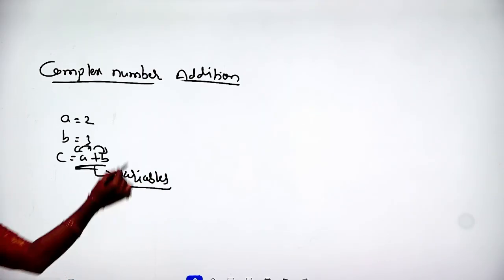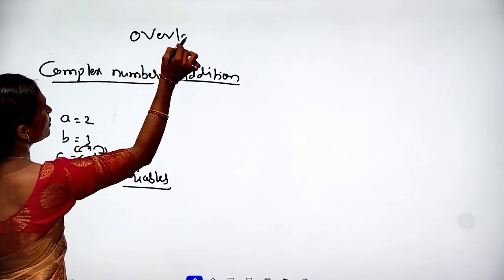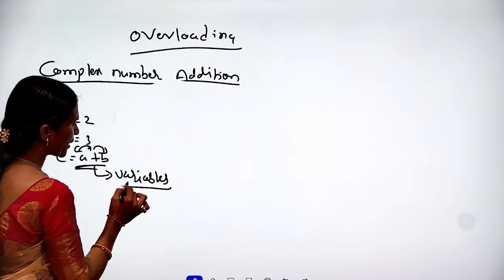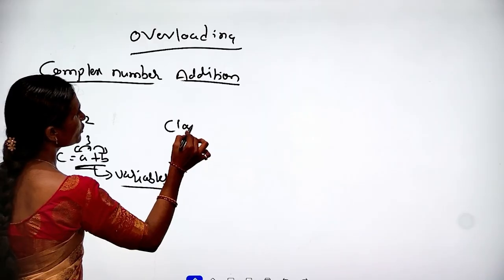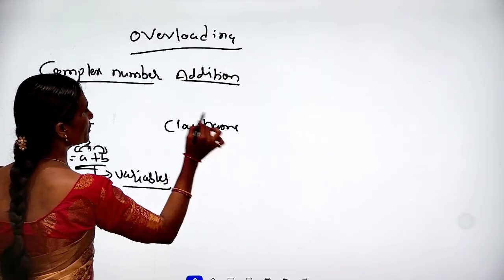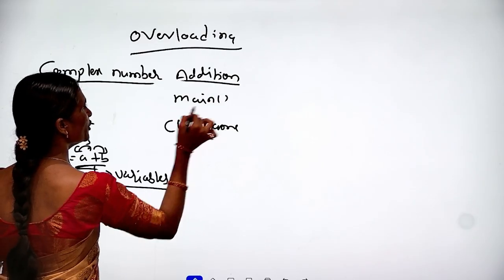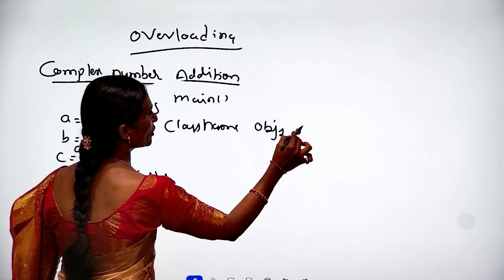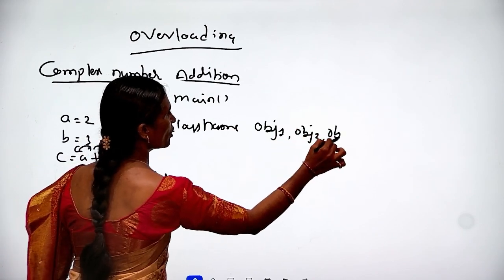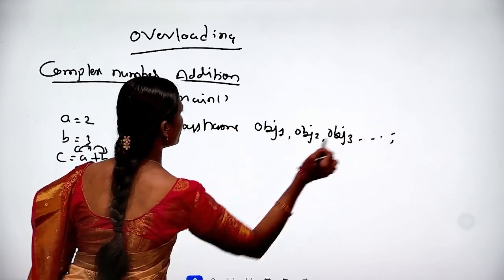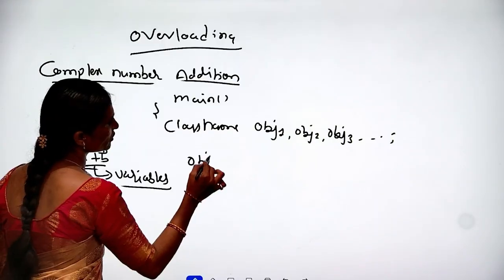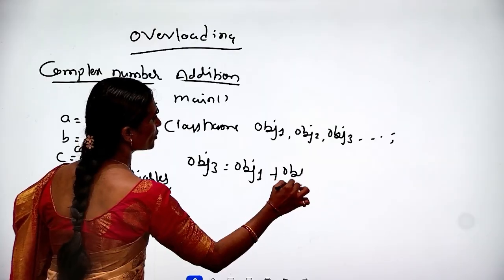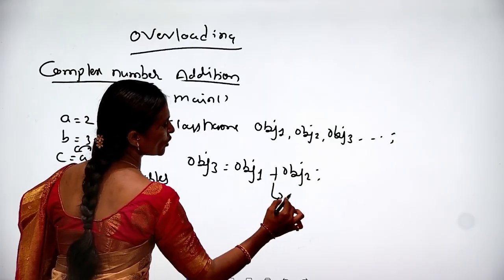But the overloading here works differently. Here you create a class name in the main method, and create objects: object 1, object 2, object 3, and so on. So object 3 is equal to object 1 plus object 2. So this is the overloaded operator.